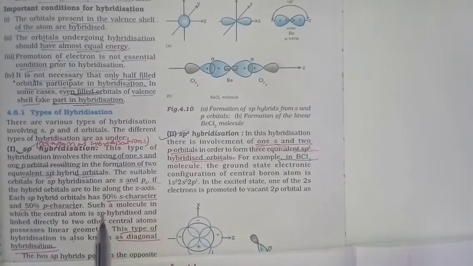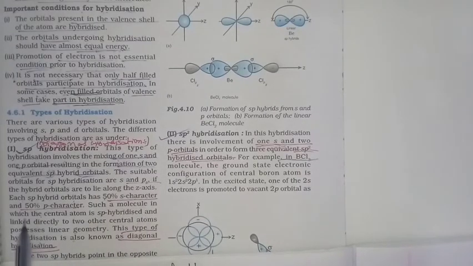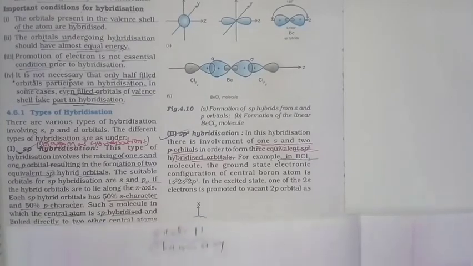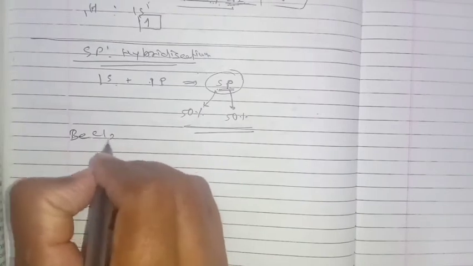A molecule in which the central atom is sp hybridized and linked directly to two other atoms possesses linear geometry, and this type of hybridization is also known as diagonal hybridization. For example, the BeCl2 molecule.